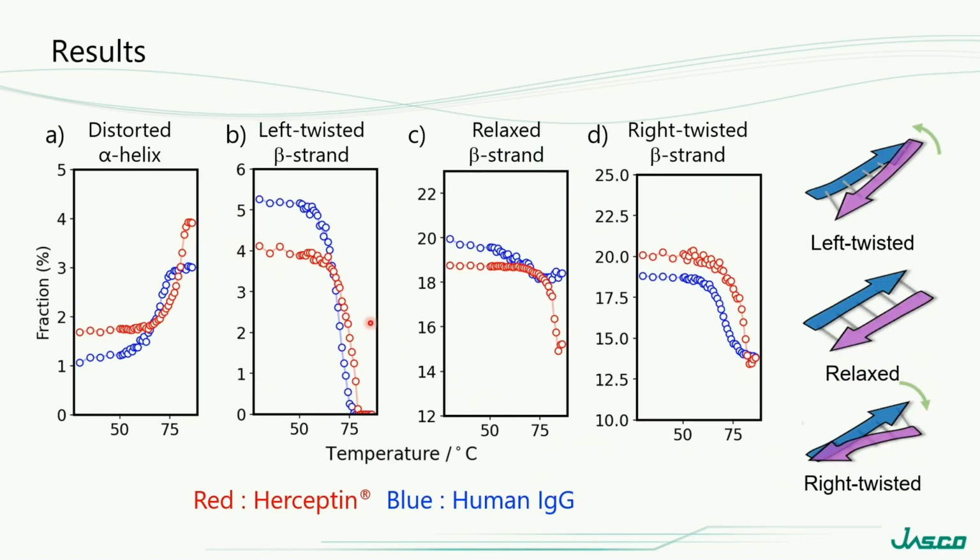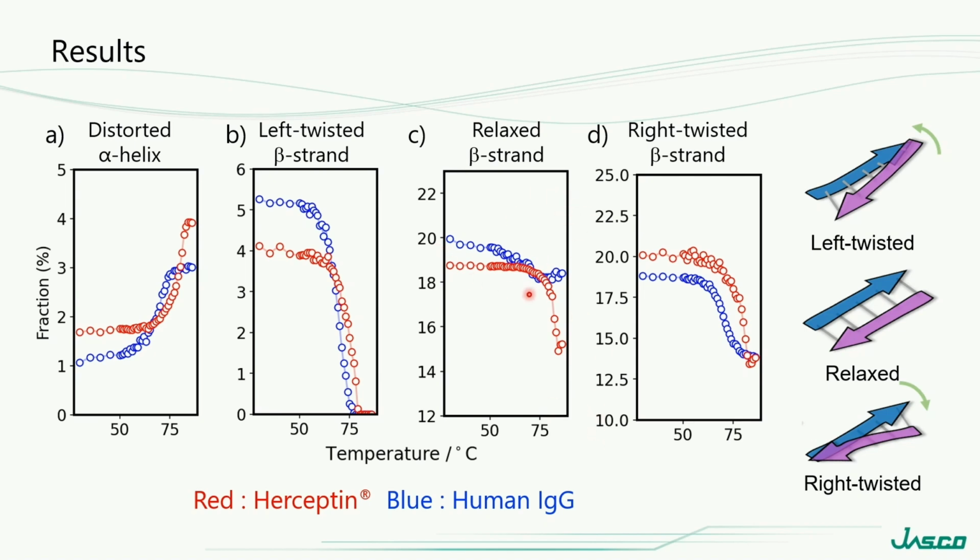The advantage of BeStSel is that it can offer the fraction of each secondary structure element, including 3 types of twisting of the beta sheet. And there are significant differences between Herceptin and IgG in relaxed beta strand.